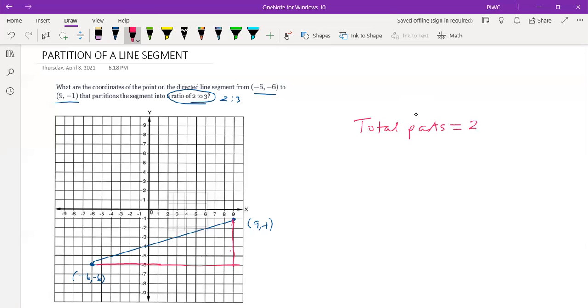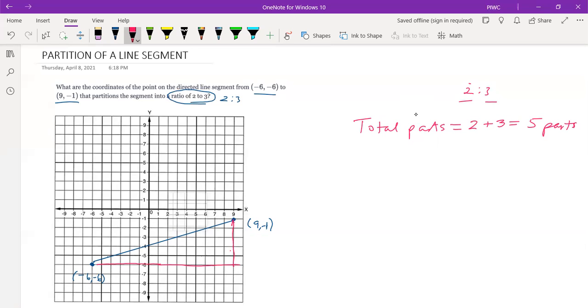We have 2 parts, 3 parts. So it's 2 plus 3. So we end up with 5 parts. All right. Remember, the ratio is 2 to 3. That means 2 parts, 3 parts. So it becomes a total of 5 parts in all.